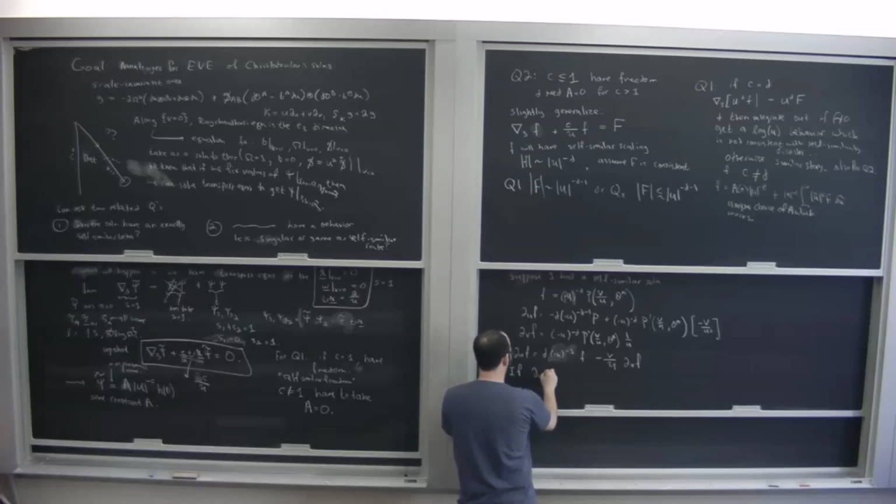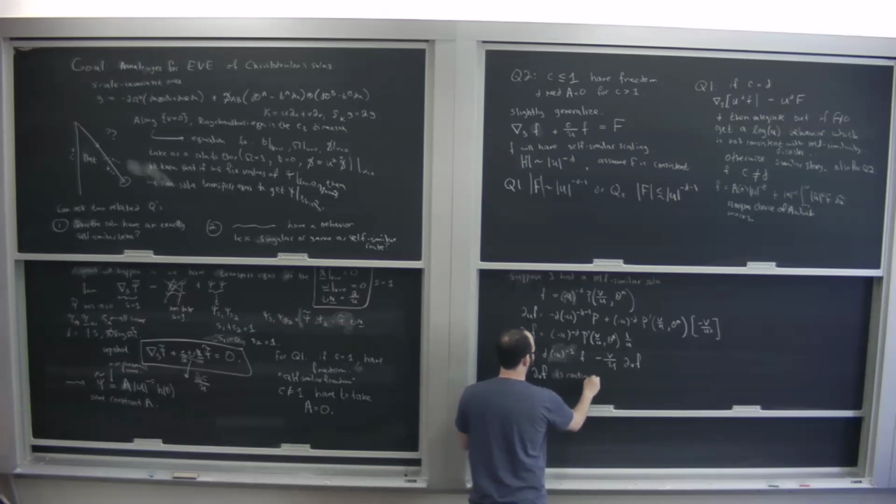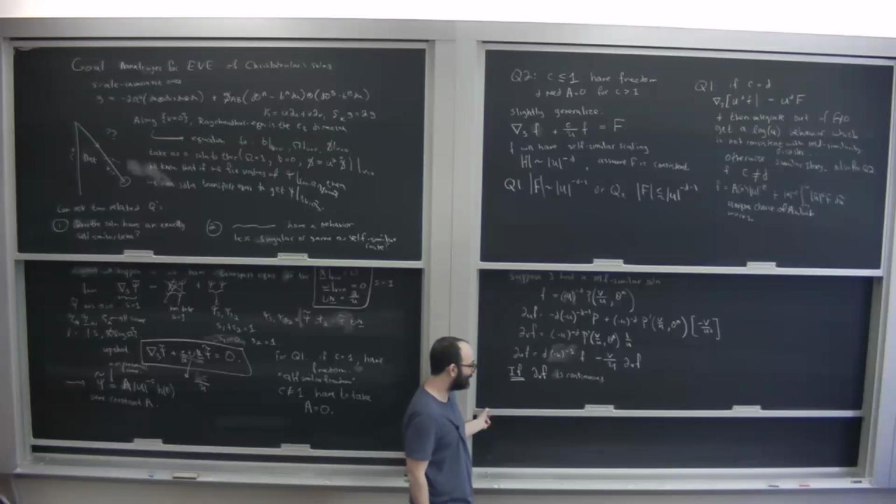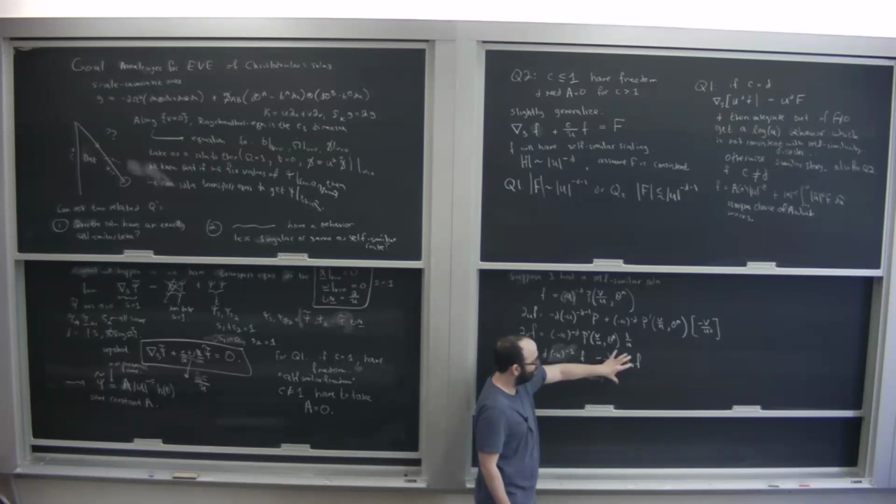In particular, if dv of f is continuous, that's an a priori assumption. So suppose that our solution is, say, C1, so that the derivatives make sense. And it has to be the case that when I set v equals 0, this goes away.